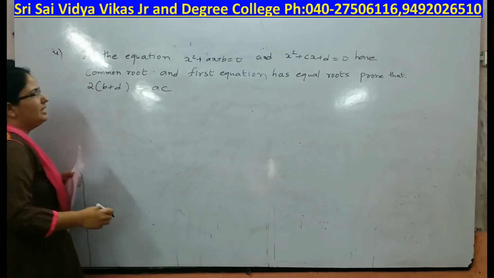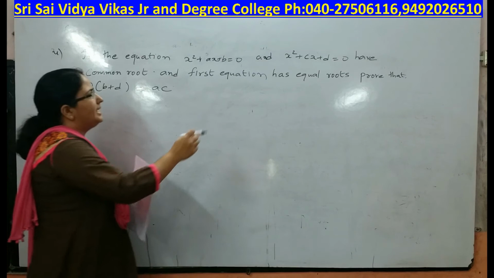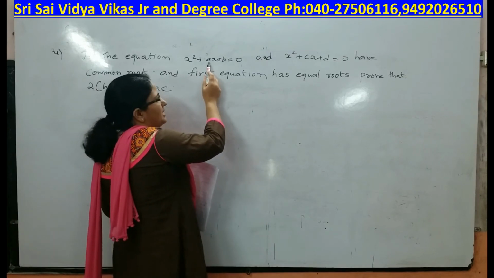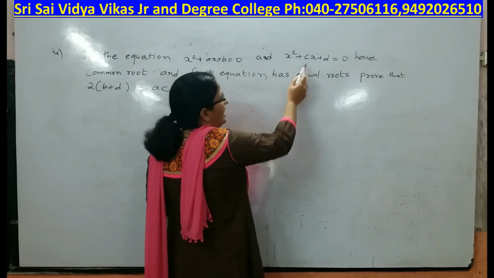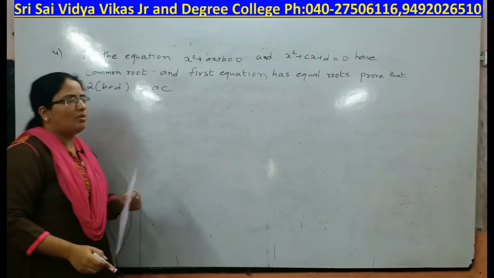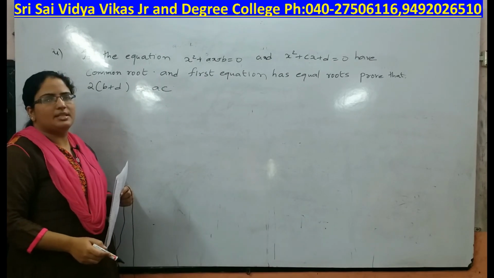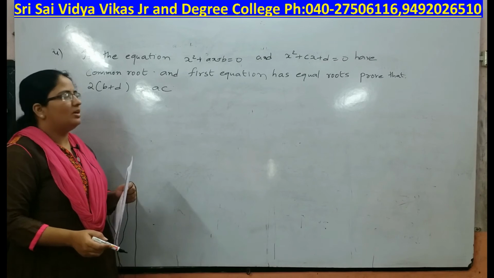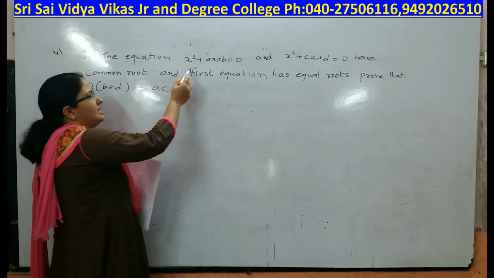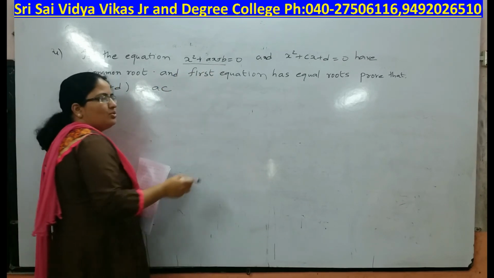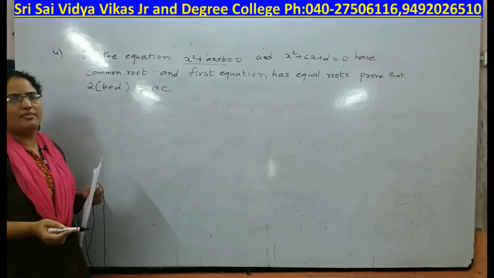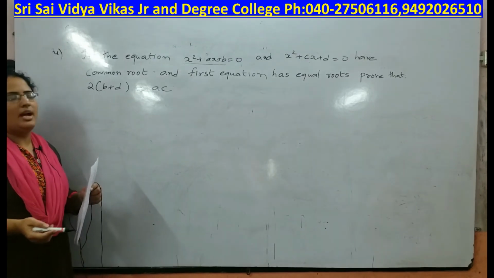Now what is given here? You are given two quadratic equations, x square plus ax plus b is equal to 0, x square plus cx plus d is equal to 0. These two are the quadratic equations, they have a common root, and also the second condition is the first equation has two equal roots, that is if one root is alpha, the other root is also alpha.